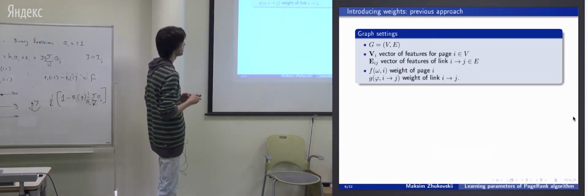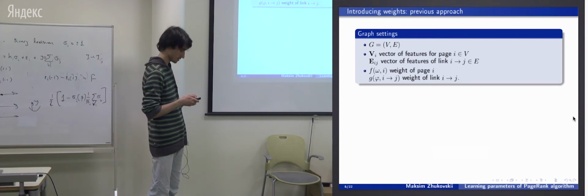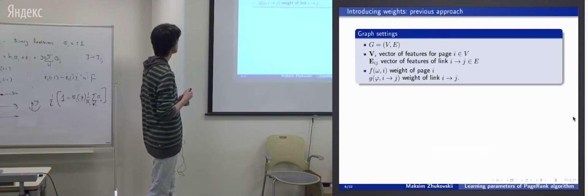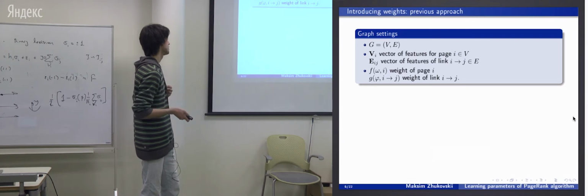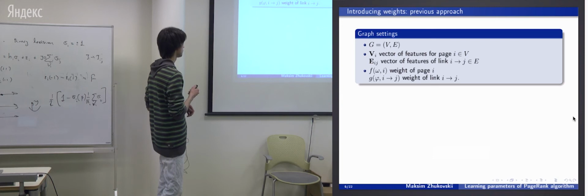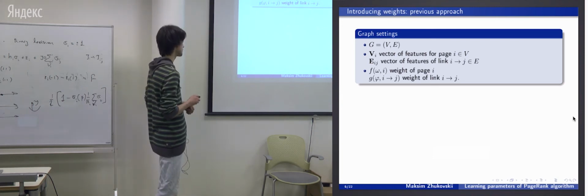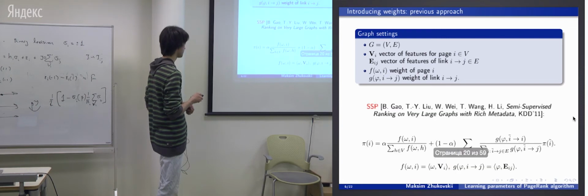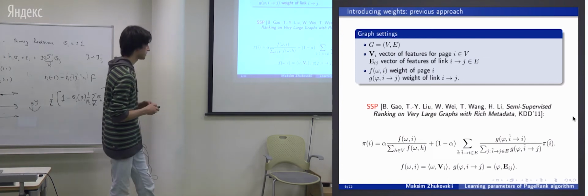Let G be our web graph, and Vi be a vector of features for page i, and Eij be a vector of features for a link from i to j. And using these features, we compute weights of pages and weights of links. For example, in this paper from KDD 2011, it was done in the following way.